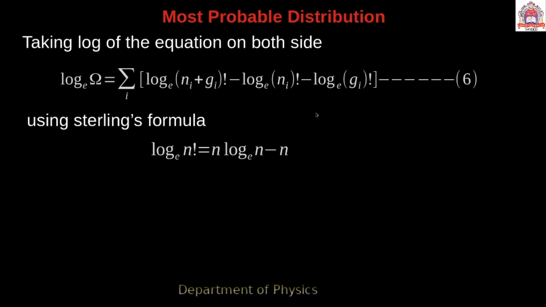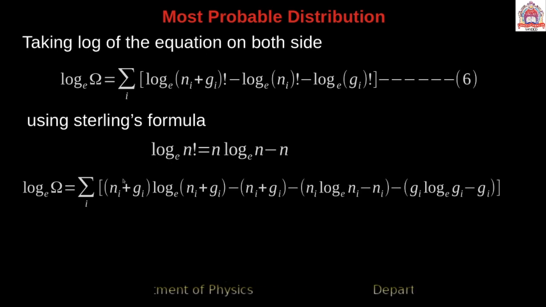So substitute this value. By using Stirling's formula, we get the log of probability equal to summation over I of (ni plus gi) log (ni plus gi) minus (ni plus gi), minus (ni log ni minus ni), minus, again using Stirling's formula, (gi log gi minus gi).